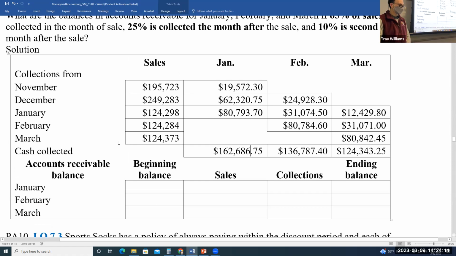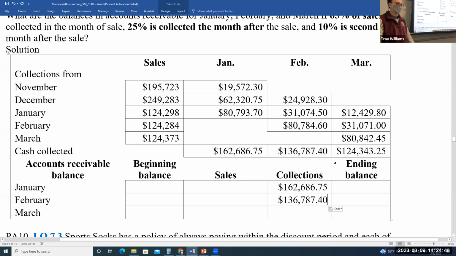Okay, well, the second part is we're going to take the beginning balance in accounts receivable, add any more accounts receivable sales for January, subtract the collections that we just figured out to get an ending balance. We'll do that for all 3 months. So again, cash collected in January, we're just going to put here under collections.